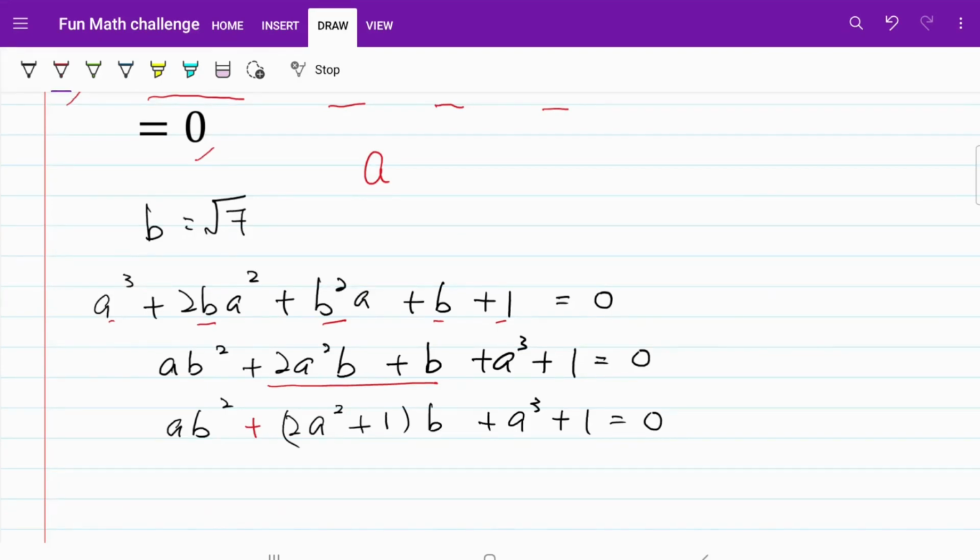Let's take a moment to explore the left-hand side of this equation. I have a polynomial of b with the highest power being b squared followed by b followed by a constant term. In other words, this expression fits into the general pattern of ax squared plus bx plus c equal to 0. So we actually have a quadratic equation.